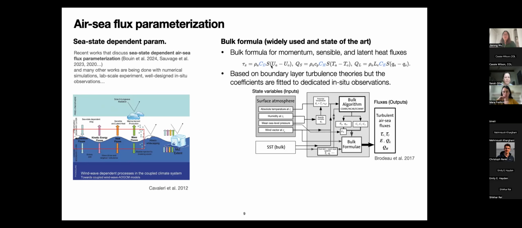So velocity for momentum, temperature for the sensible heat, and humidity for latent heat. And they're based on boundary layer turbulence theories like Monin-Obukhov similarity theory. But a lot of these coefficients are also empirically fitted to dedicated in situ observations.